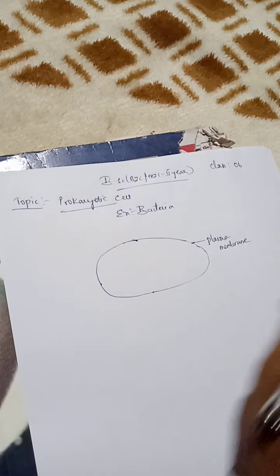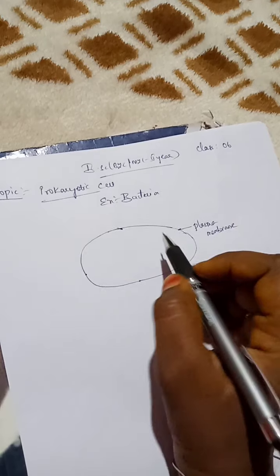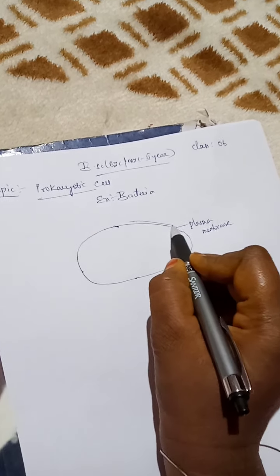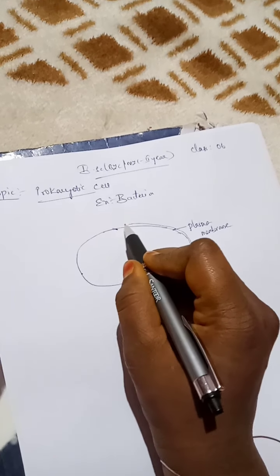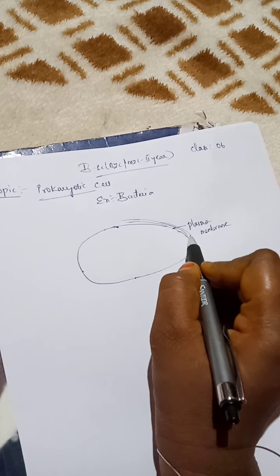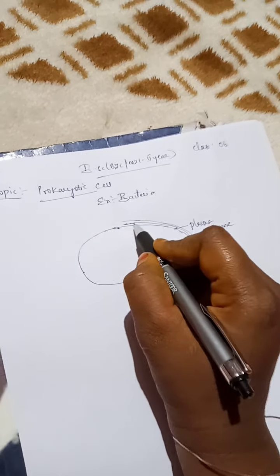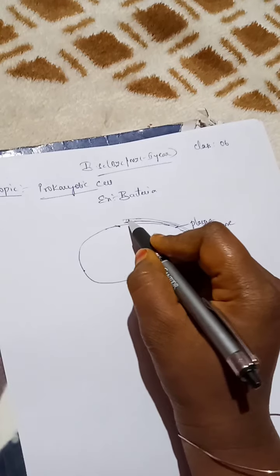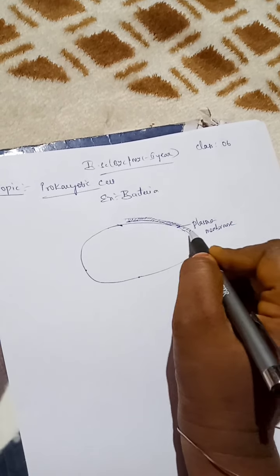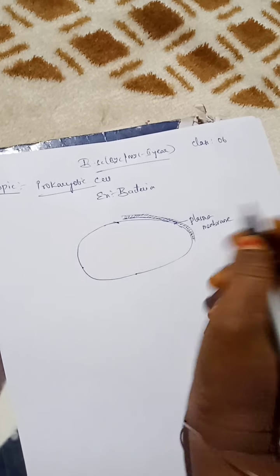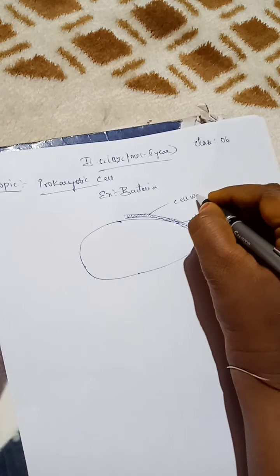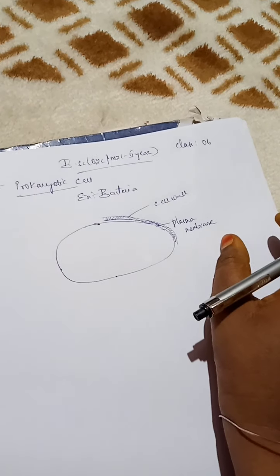In the bacteria, outside the plasma membrane there is another layer present. I am drawing only half here, but it is present around the entire cell.